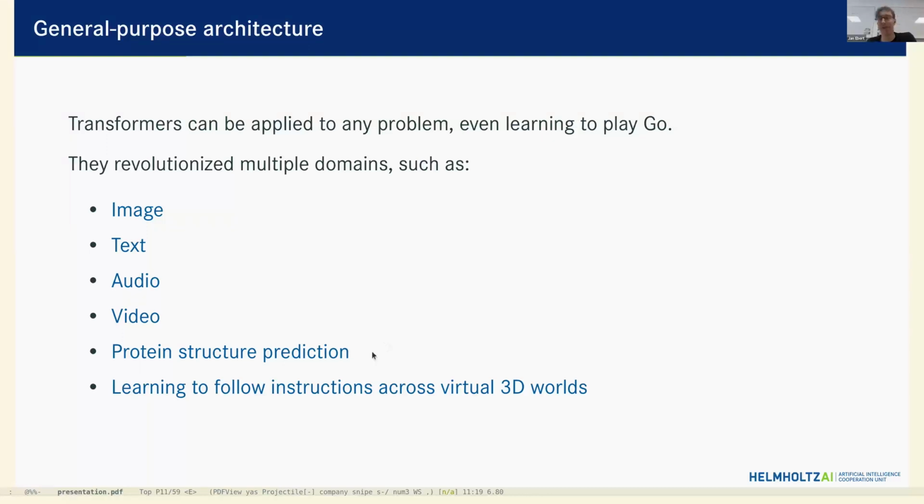This is referring to AlphaFold, probably one of the most important achievements in deep learning in recent years. The last point is a very recent achievement by Google DeepMind, where they trained a transformer to learn tasks in simulated 3D worlds in video games, in fact. Users could ask the model to perform these tasks. And I think this gives a glimpse of how we may start to interact with these AI models in the future.